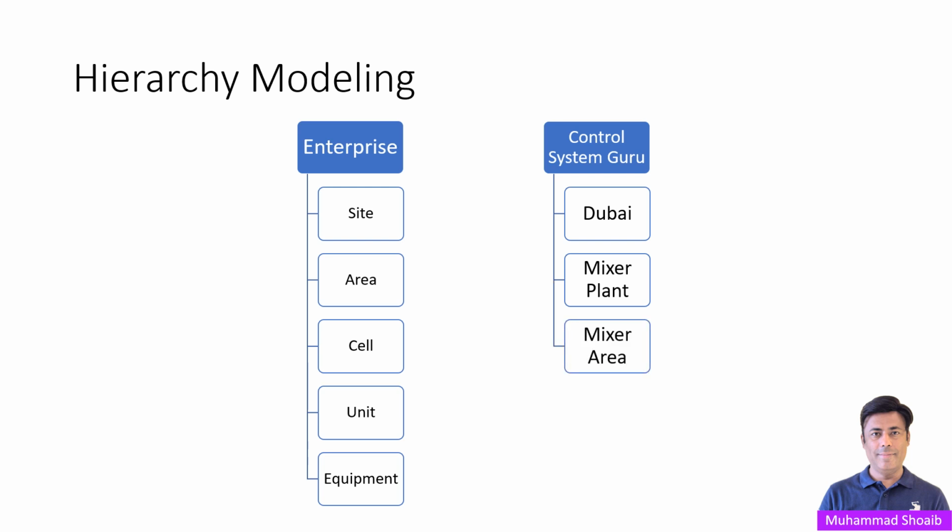Then we'll put the area of our plant. For example, I have multiple areas in my plant, which equal cells. For example, I have a raw material handling area, then I have a mixer area, then I have a packing area. So according to your production area, you will assign the cell name.